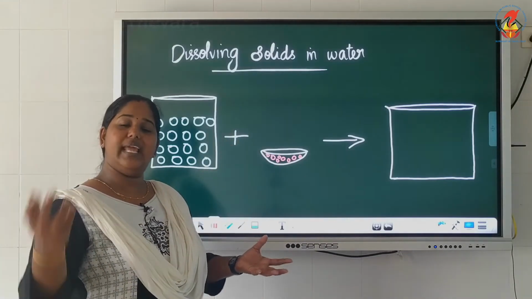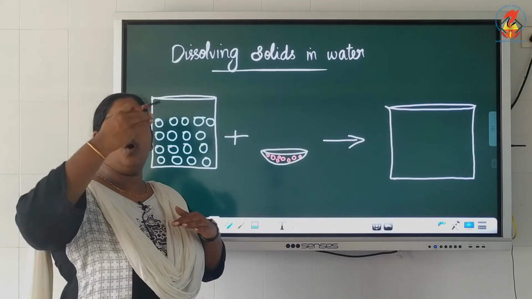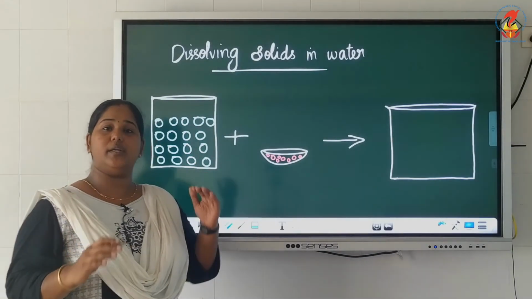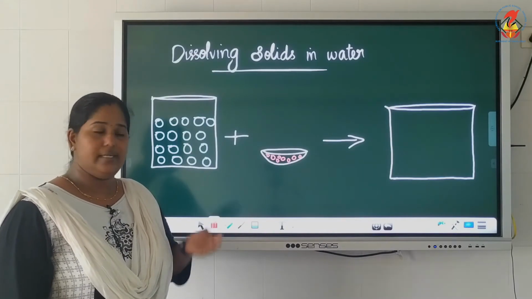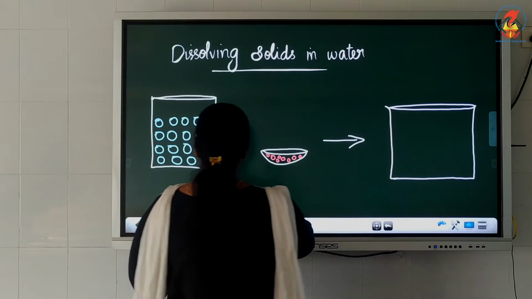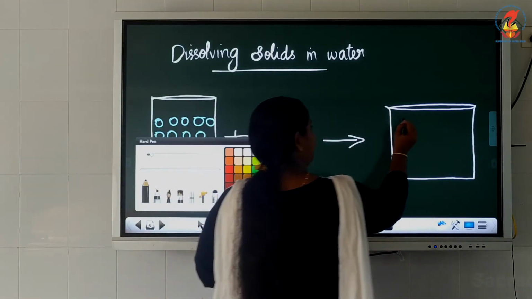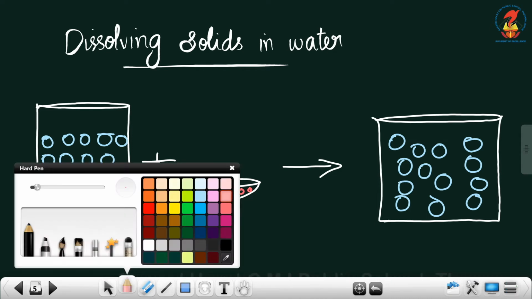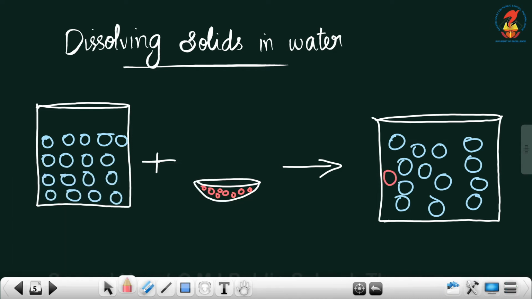Only if sugar takes some extra space, the water will overflow, isn't it? Sugar is taking only the empty spaces. That is why water does not flow out of the tumbler. So when you add both these together, we will get it like this. Water molecules, they have gap between them, and that gap is occupied by what? Sugar molecules.